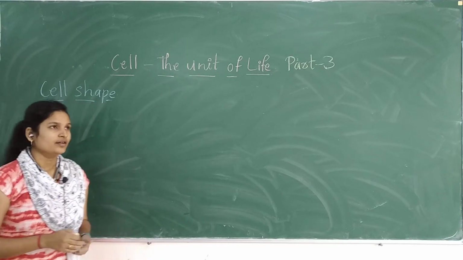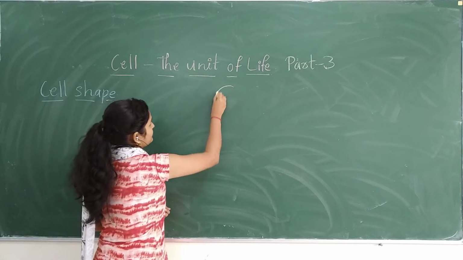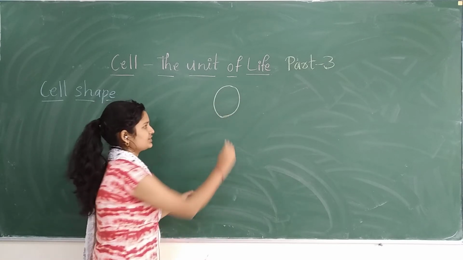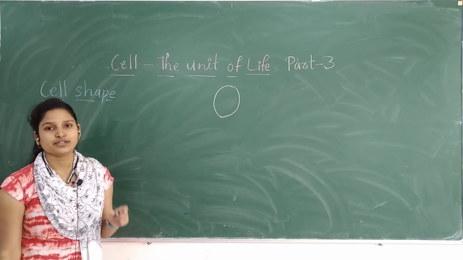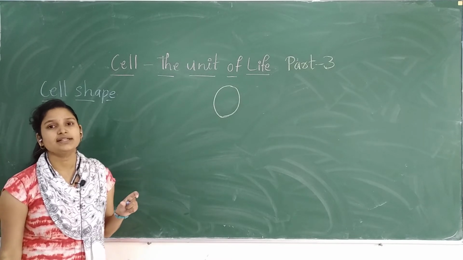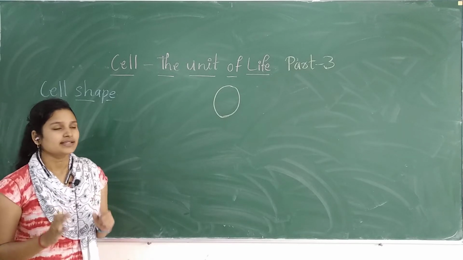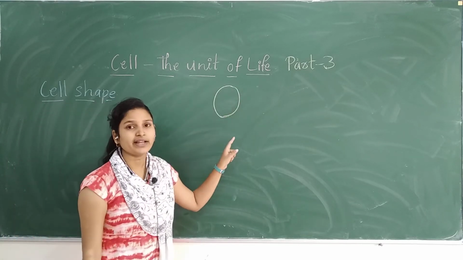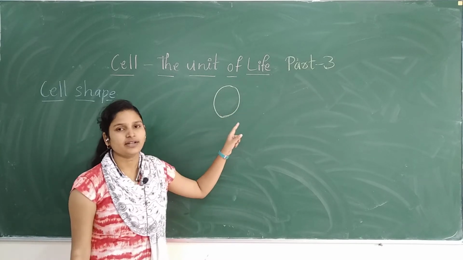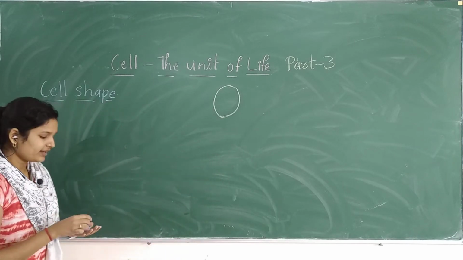See, the typical cell structure we will be studying is like this, and we will study the spherical structure, but based on its function, many cells possess different structures. Remember, cells are not only like this in appearance. Apart from this spherical structure, there will be different shapes in the cell.